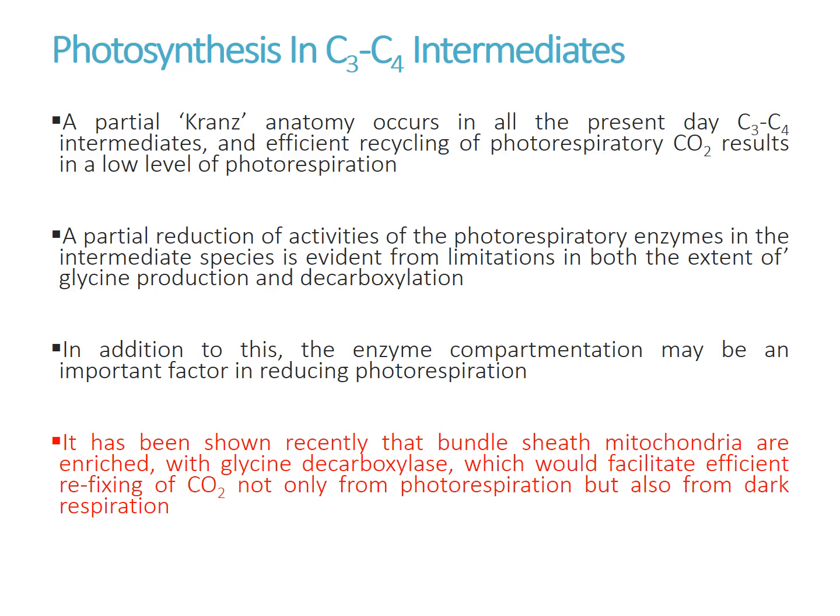In addition to this, the enzyme compartmentation may be an important factor in reducing the photorespiration. It has been shown recently that bundle sheath mitochondria are enriched with glycine decarboxylase, which would facilitate the efficient refixing of carbon dioxide not only from photorespiration but also from the dark respiration.